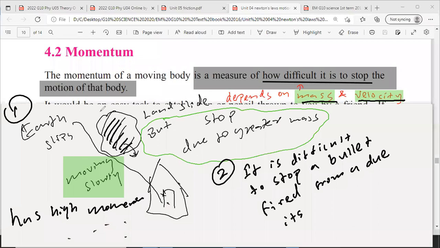Write m for mass in kilogram, and v for velocity in ms minus 1.